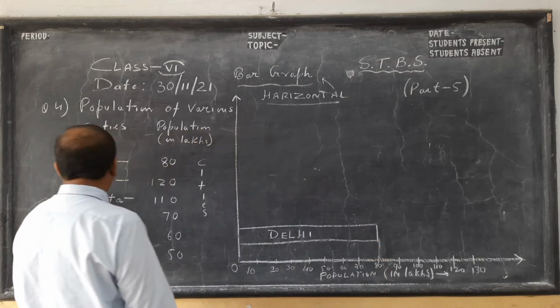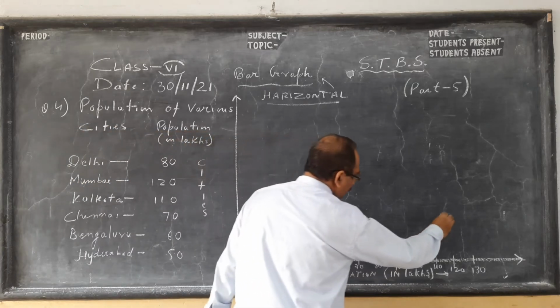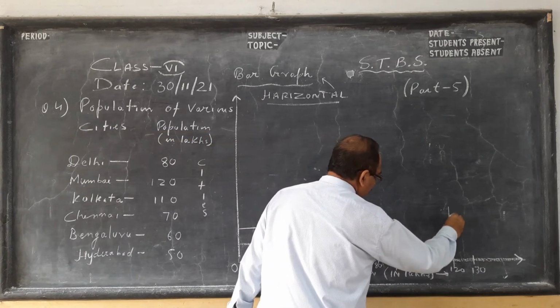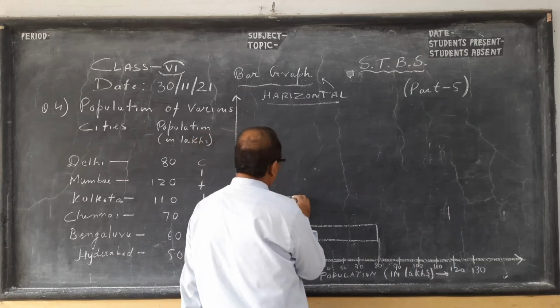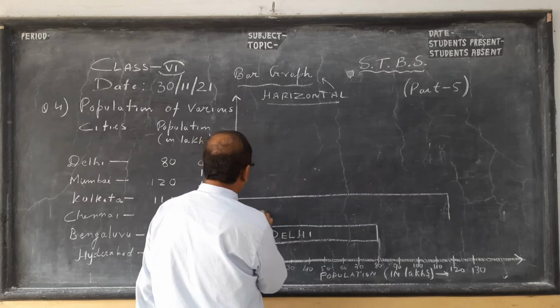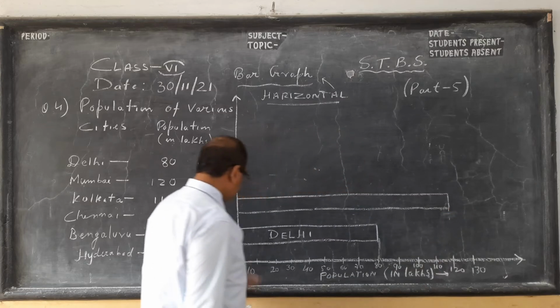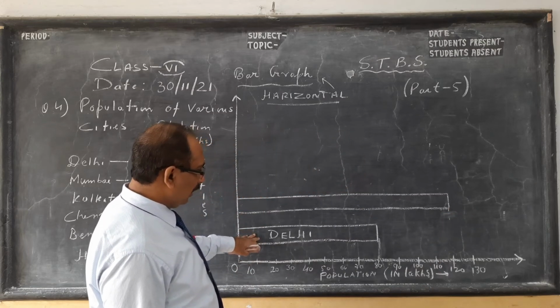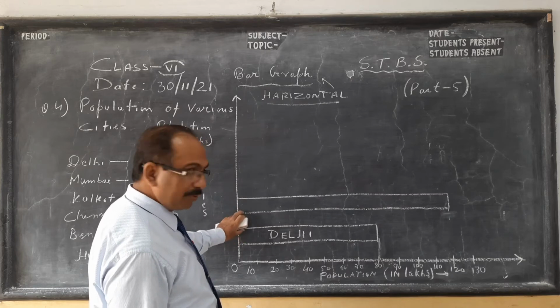Delhi is 80. Next is Mumbai, 120. So for Mumbai, you draw a line here. One or two things, children, you have to take care of: the thickness of the bar and the gap.